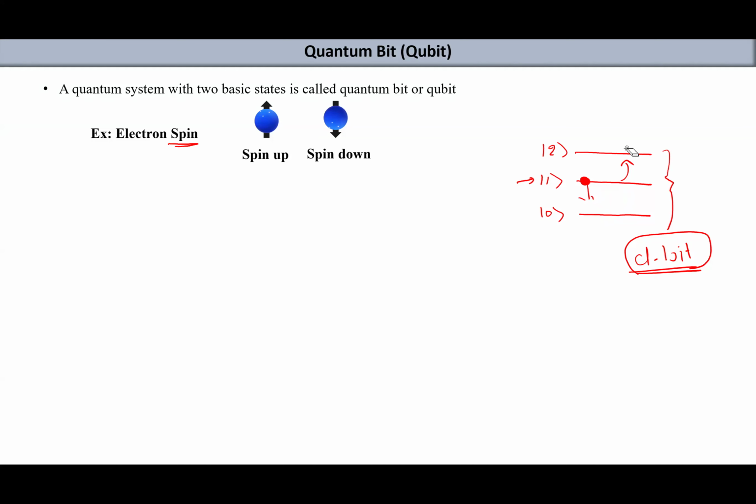If you have multiple states and they are equally spaced, and you are shining a photon, then I want to make this one go to 0, but this one can go to 2 also, correct? So these kinds of complexities are problematic.